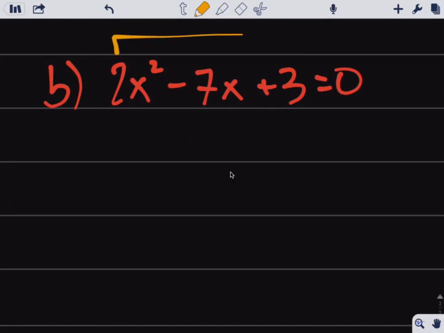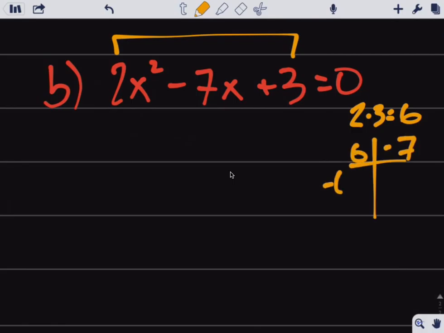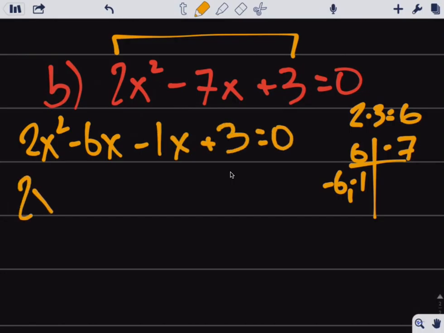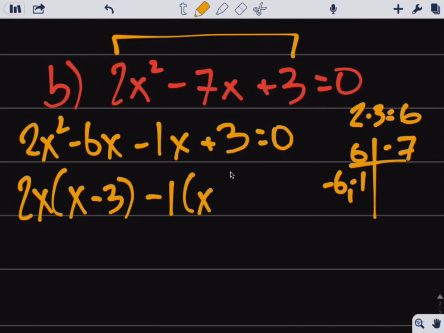We use the bridge method. 2 times 3 equals 6. We want factors of 6 that add to -7. That's -6, -1. So we do 2x squared minus 6x minus 1x plus 3 equals 0. The first piece, a GCF of 2x comes out. The second piece, a GCF of -1 comes out.